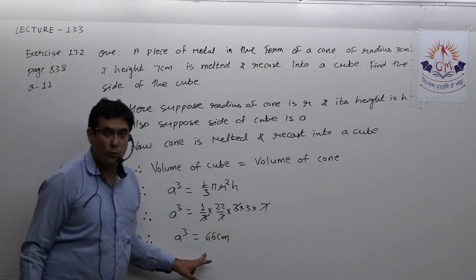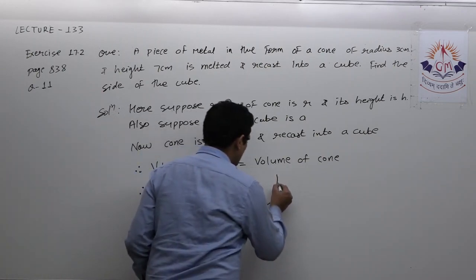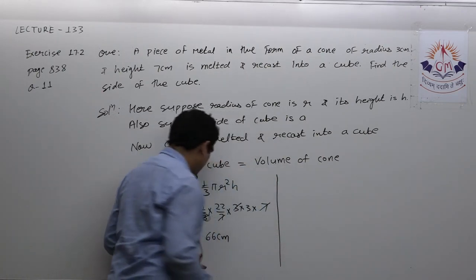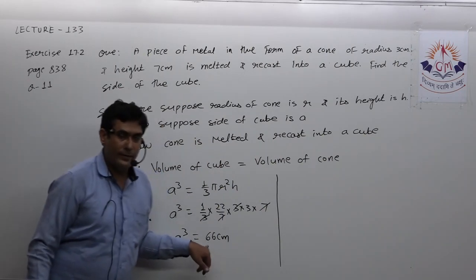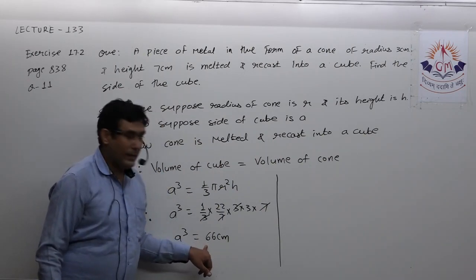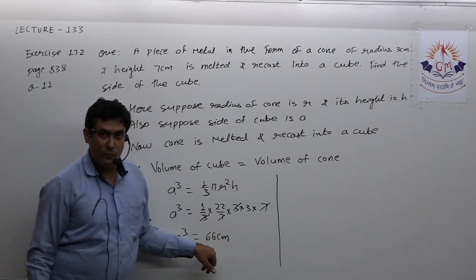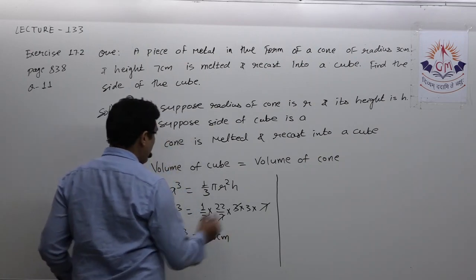Now we have to find the cube root of this, which is a little bit difficult to find manually. See, this is 66. If for a while this is 64, then definitely a will be 4. So we can get an approximate value of a.